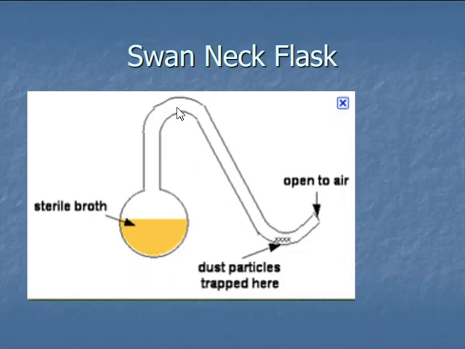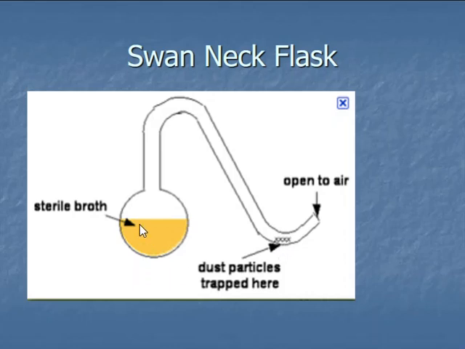But what he did was, instead of having the broth in a sealed test tube, he made this special flask with a swan neck to it. So the broth is in here. And then this neck of the flask would trap any dust particles trying to get in.